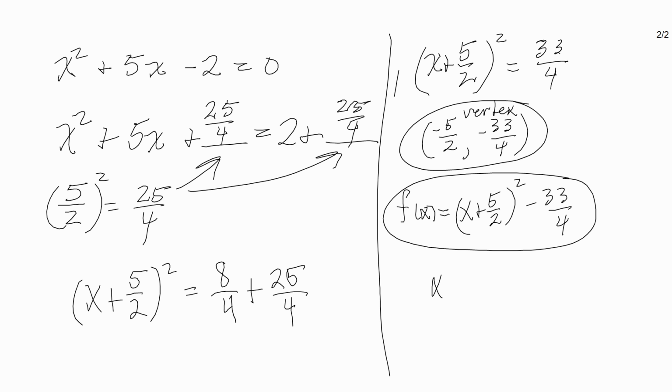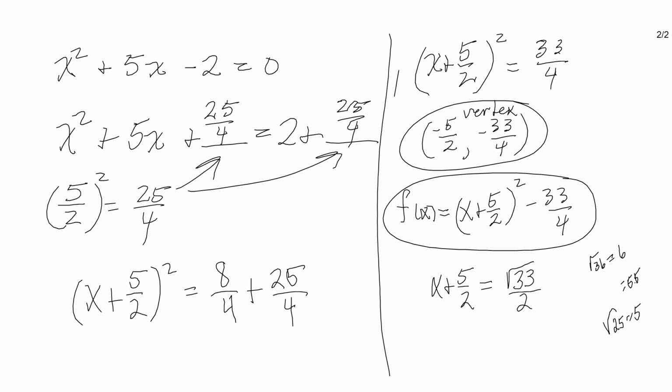X plus 5 halves is equal to the square root of 33 over 2. Square root of 33. Well, the square root of 36 is what? 6. Square root of 25 is 5. So 5.5 is in the middle. 25 to 36, that's 11.